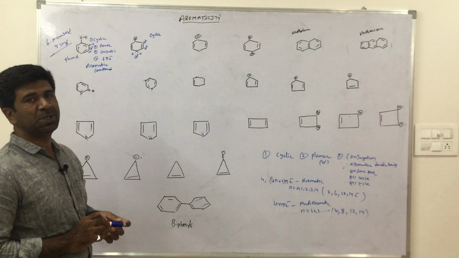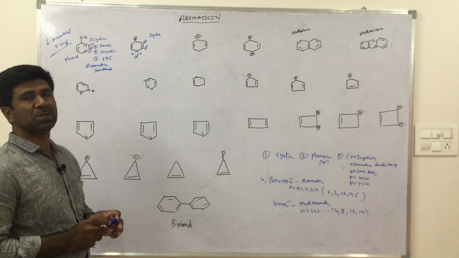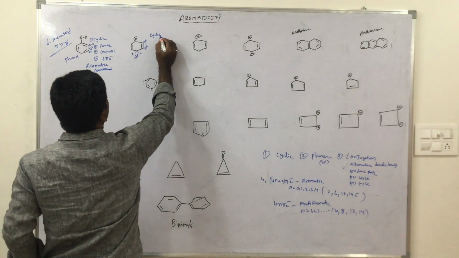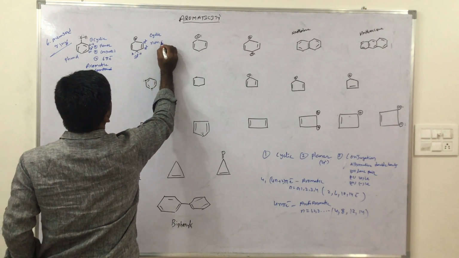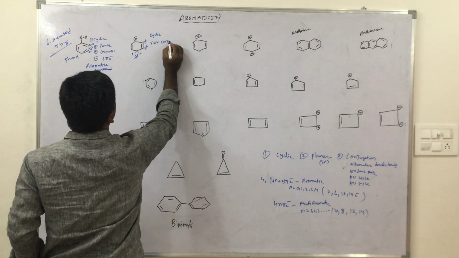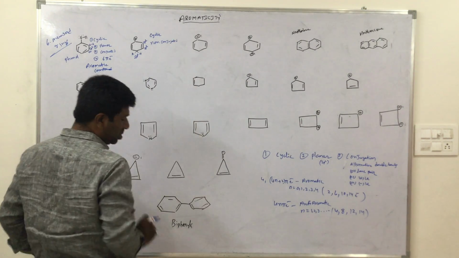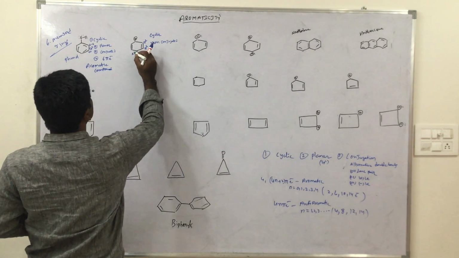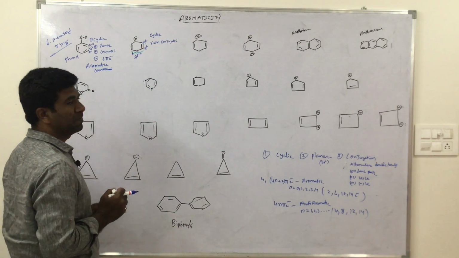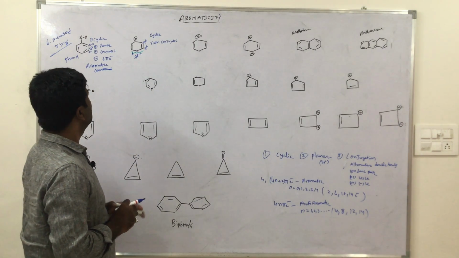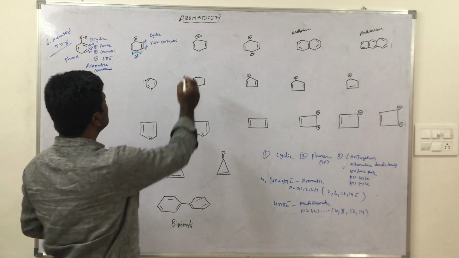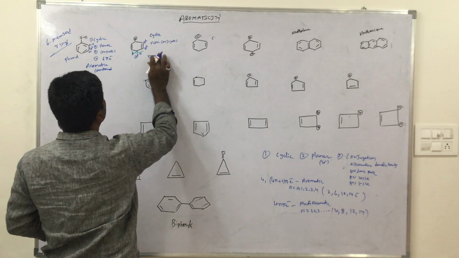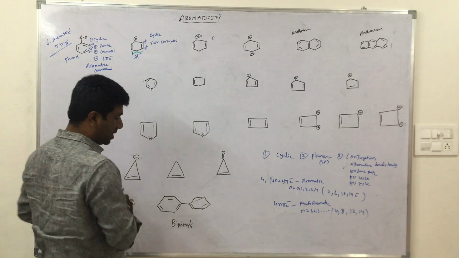Sometimes sp also participates in aromaticity, but in rare cases. Now here sp3 is present, so it is cyclic but non-conjugated. Where is resonance stopped? That means conjugation stopped. There is no conjugation at this place. And this is also cyclic.